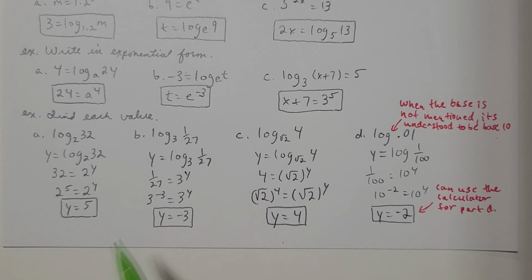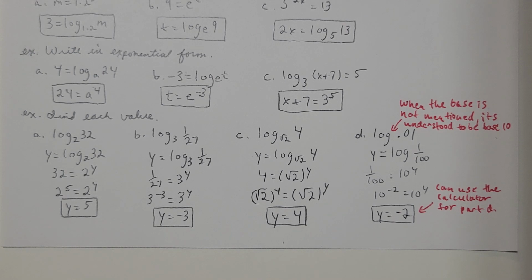I'm trying to get the same base on both sides, and I can do that. I know that 3 cubed is 27, so 3 to the negative third power is 1 over 3 cubed, or 1/27. So 3 to the negative third power equals 3 to the y. Get rid of the base and set the powers equal. Looks like y is -3.